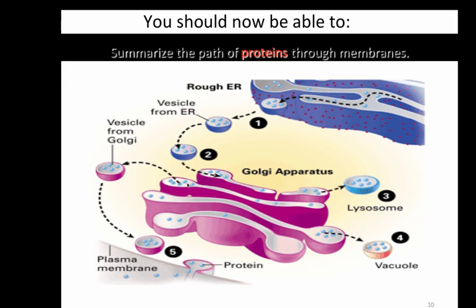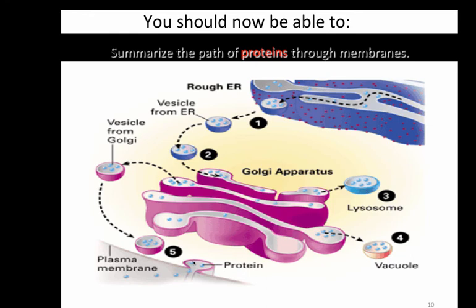As you notice here, there's a vesicle that contains proteins that are leaving the Golgi, and this vesicle fuses with the cell membrane, and then these proteins are secreted.